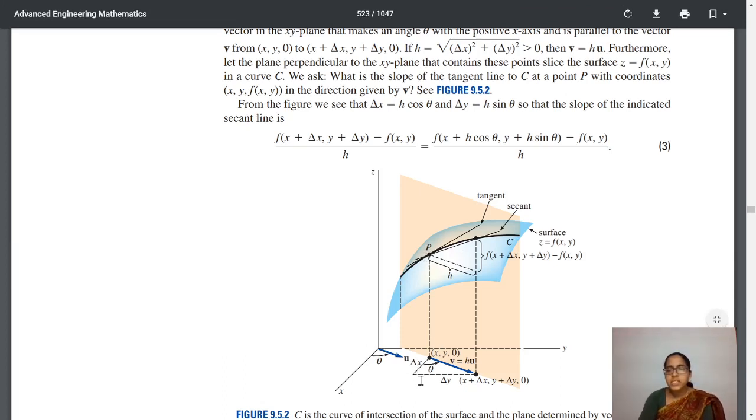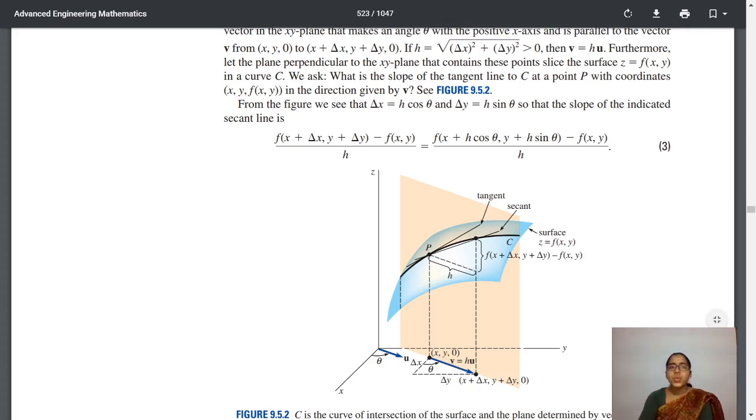Now from the figure it is clear that this is the angle theta, this is the change in x, and this is the change in y, that is delta y. If we consider this triangle, it is a right angle triangle, so we can see delta x is h cos theta and delta y is h sin theta.